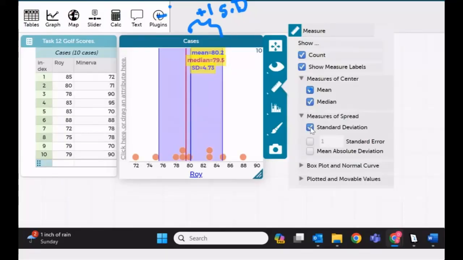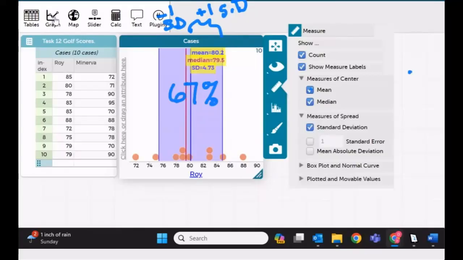This is -1 standard deviation, okay? Within that standard deviation is about 67% of all of his golf scores. So all of his golf scores, 67%, sorry, are within that amount.